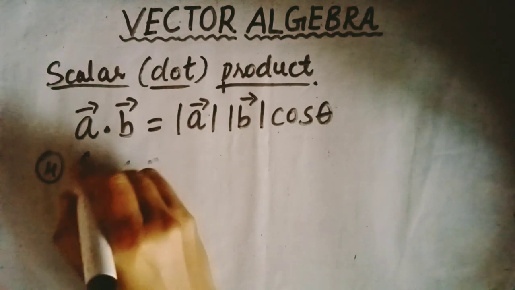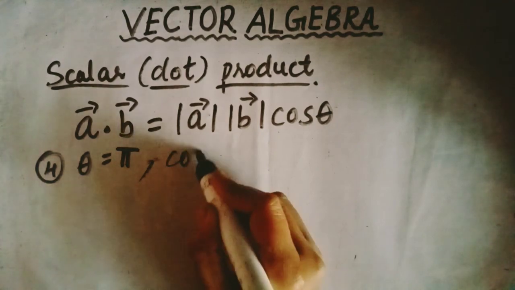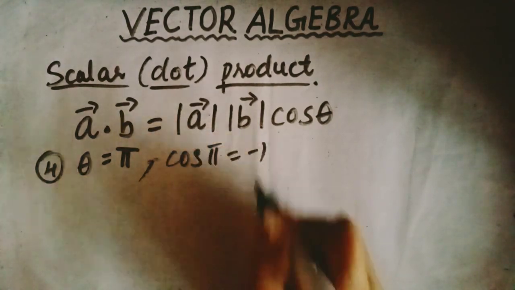Then if theta is pi, then cos theta, that is cos pi, will be -1.